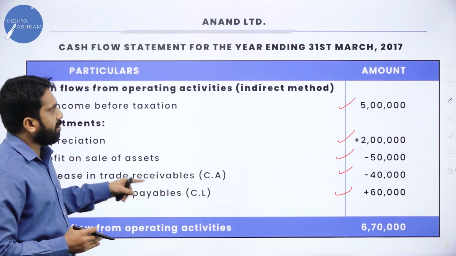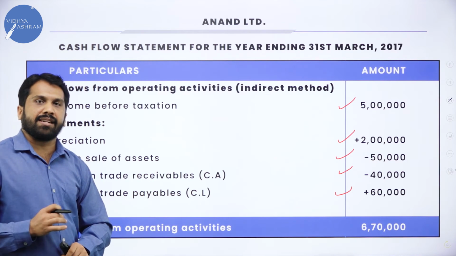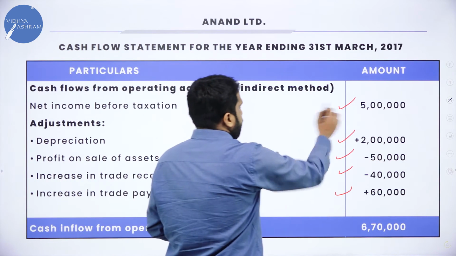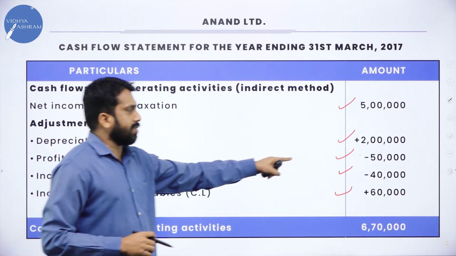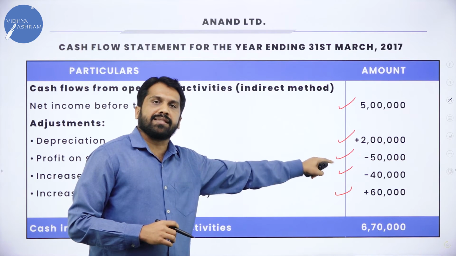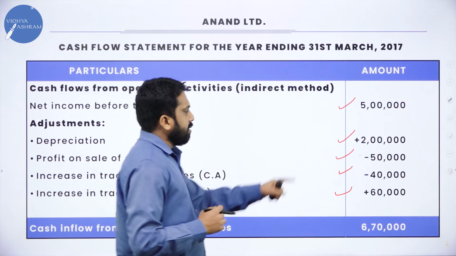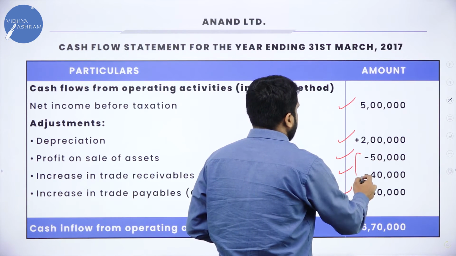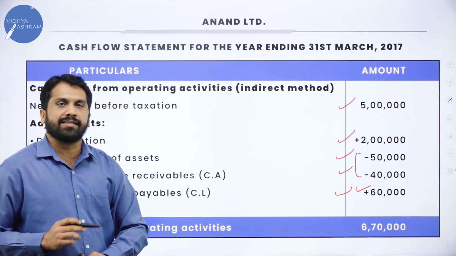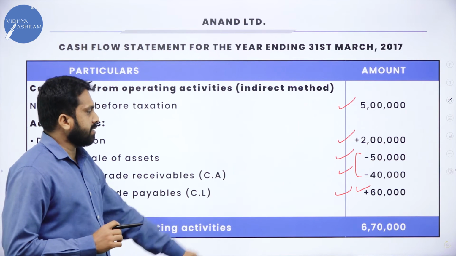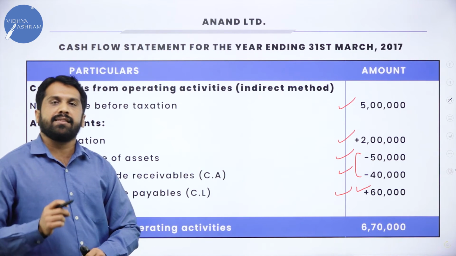So all these we call operating activity. Now, 5 lakh plus 2 is 7 lakh. From 7 lakh you should minus these 2, and then add this one. What is your final answer? Your final answer is 6,70,000.